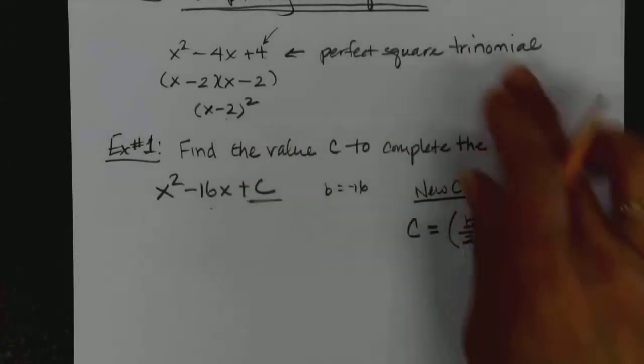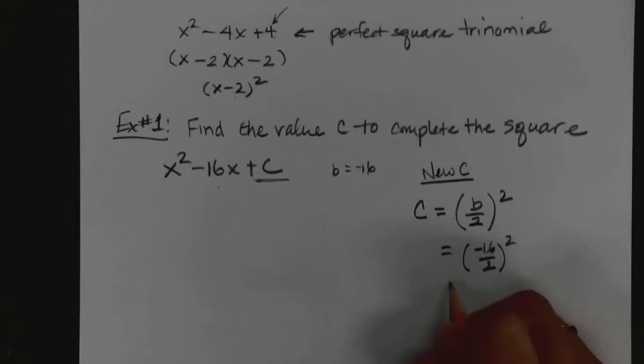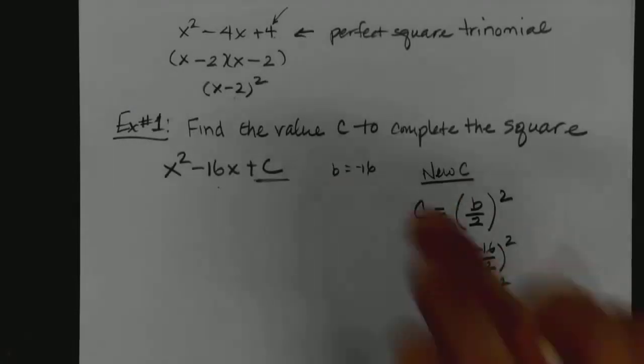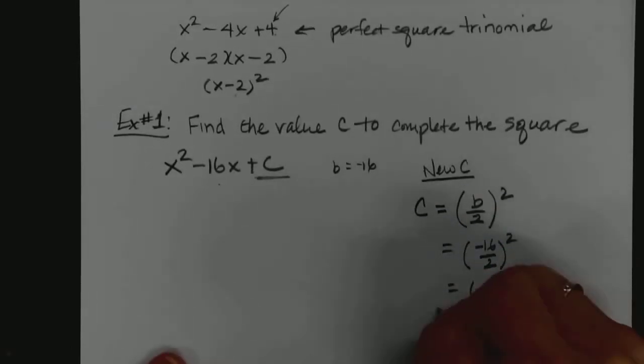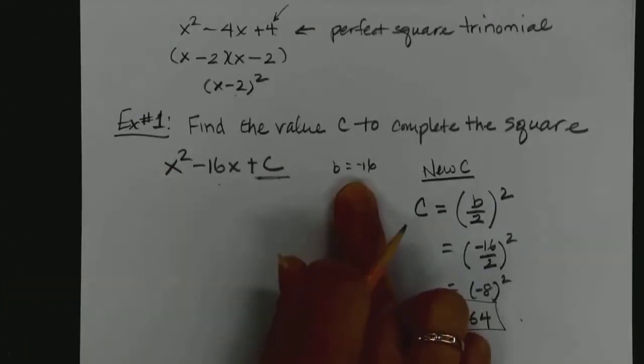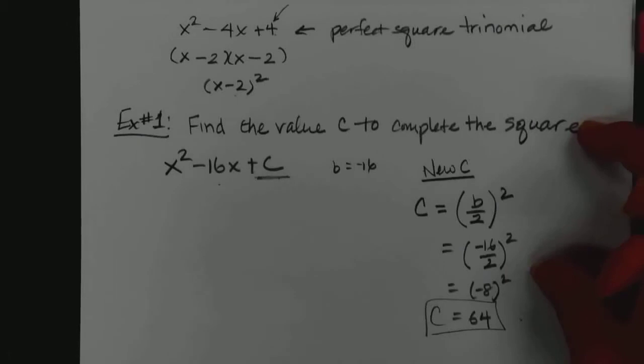Negative 16. So we're going to take that negative 16 and divide it by 2. Negative 8. And then what's negative 8 squared? 64. That is the new C, the new C that will make this a perfect square trinomial. So that's what we're solving for in this particular problem.